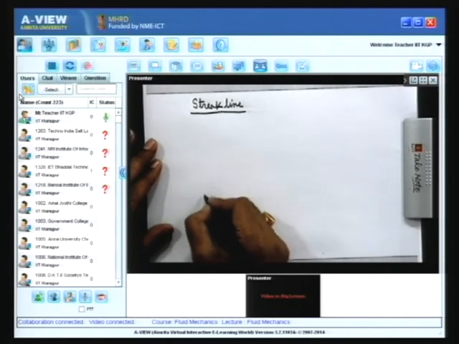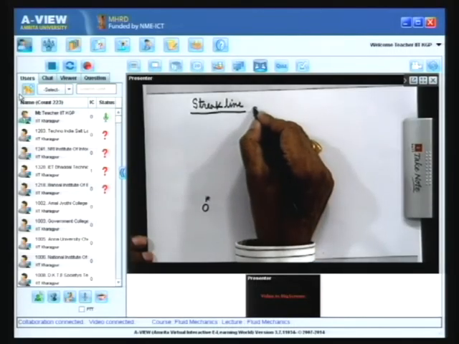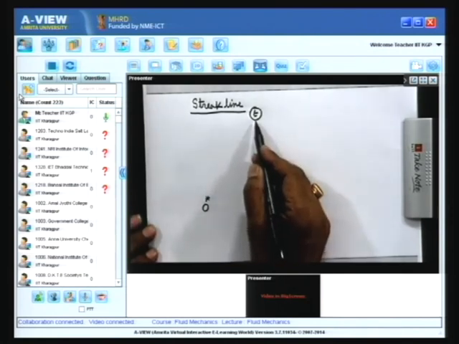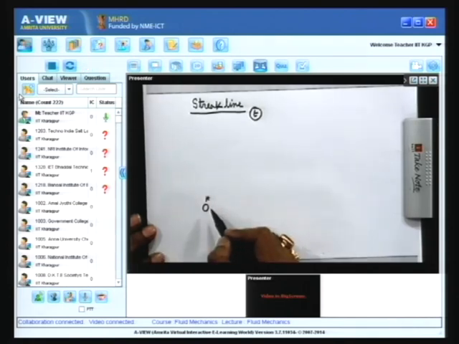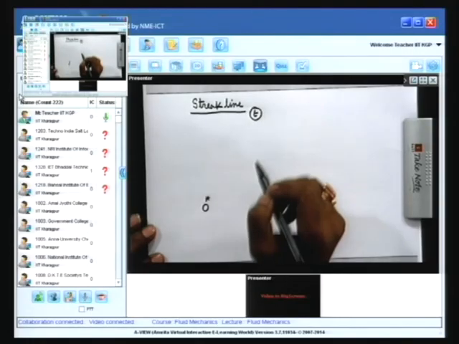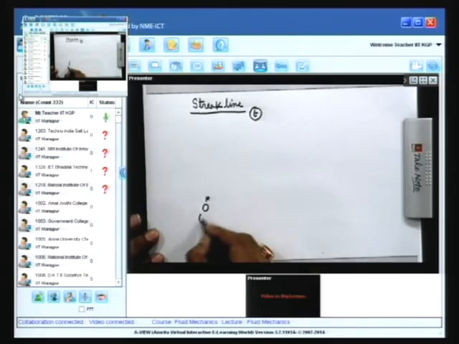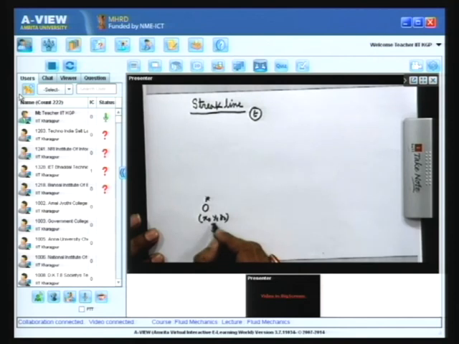Let us have a specified point here, O. A streakline at any instant of time t will be defined as the locus of the foot of all the particles which have crossed this point O, that means this point O has a given initial position vector x0, y0, z0.